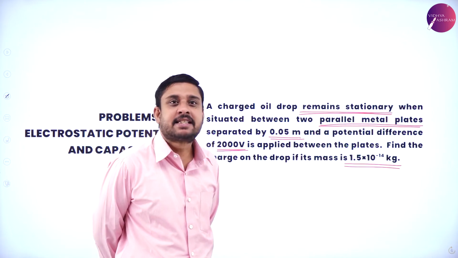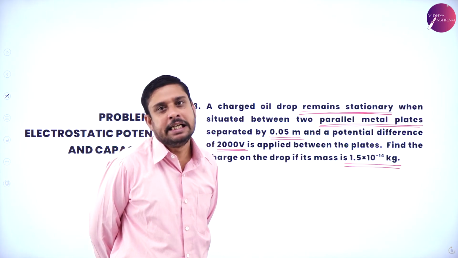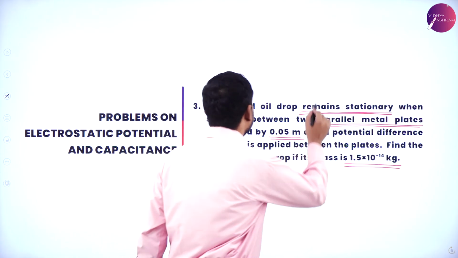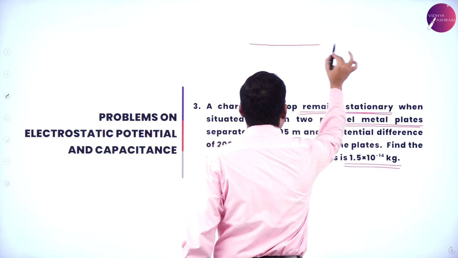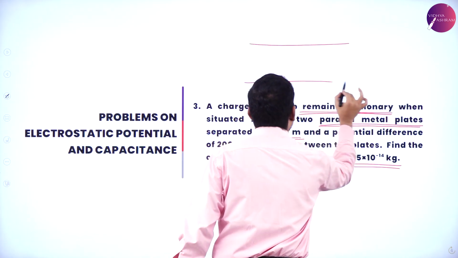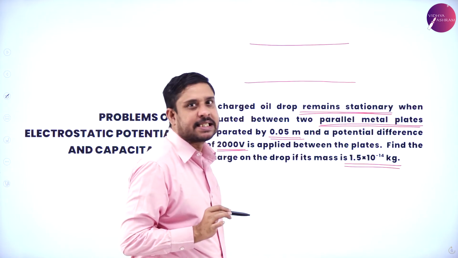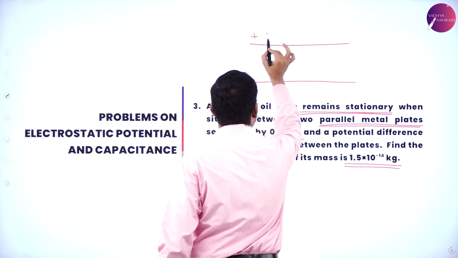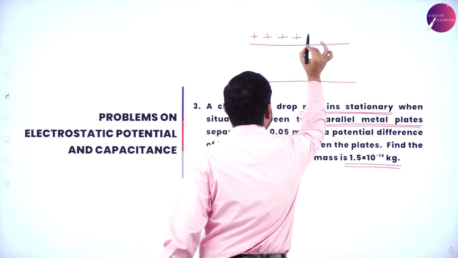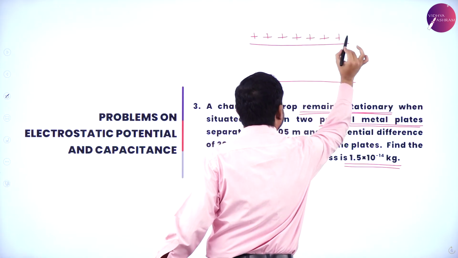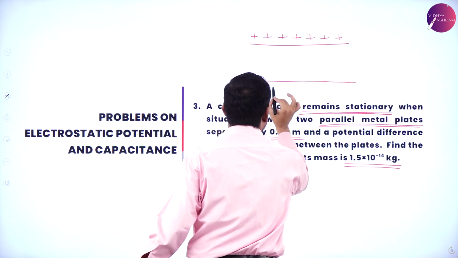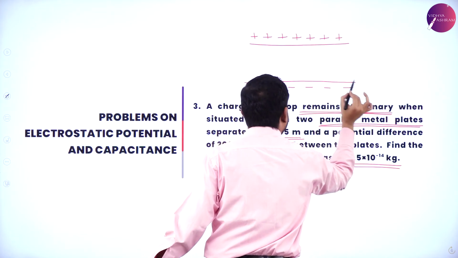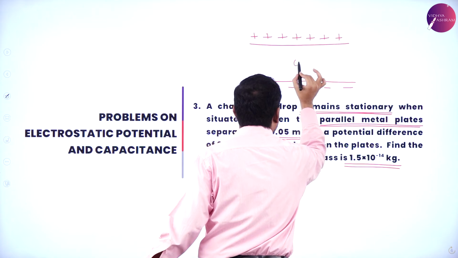So, a charged oil drop. There are two parallel metal plates. I say this is positively charged, negatively charged.